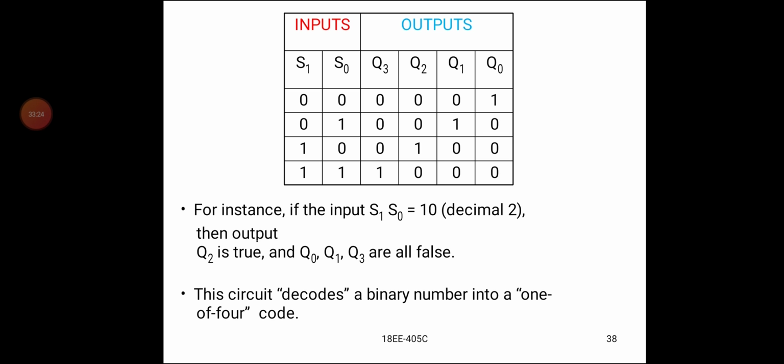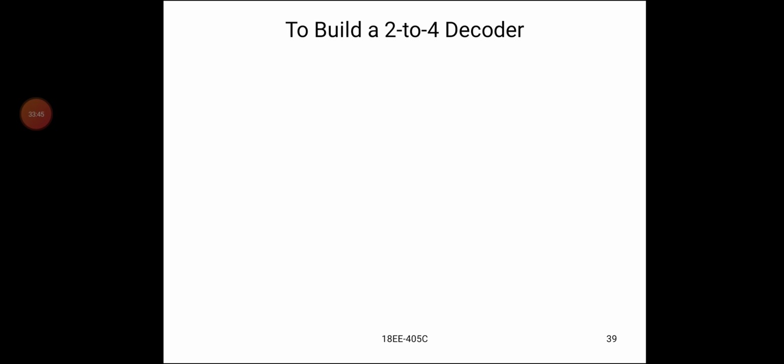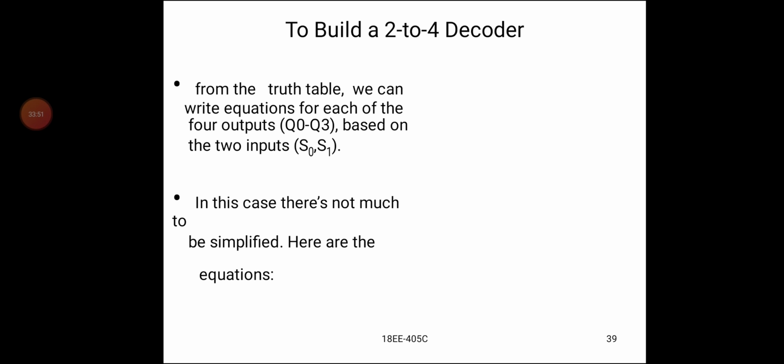For instance, if the input S1 S0 is 1 0, decimal 2, then output Q2 is true, and Q3, Q1, Q0 are all false. The circuit decodes a binary number into a 1 of 4 code. To build a 2 to 4 decoder, from the truth table we can write equations for each of the 4 outputs, Q0 to Q3, based on the 2 inputs S0 and S1.